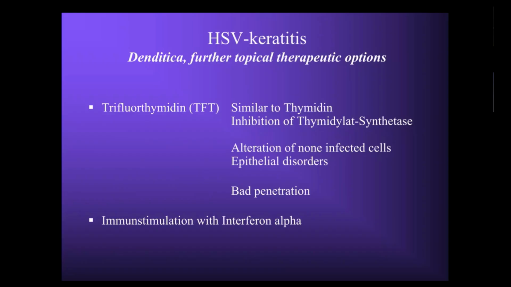Immune stimulation with interferon alpha is an old therapeutic regime we had some 30 years ago. In the meantime, interferon alpha has been withdrawn from the market, so it is not available. In combination with trifluorthymidine for dendritic ulcers, it was most effective, more effective than acyclovir.